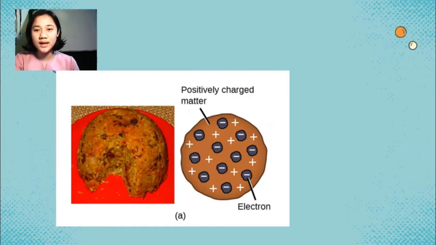Thomson knew that atoms had an overall neutral charge. So when you say neutral charge, equal yung kanyang charges. Therefore, he reasoned that there must be a source of positive charge within the atom to counterbalance the negative charge on the electron.